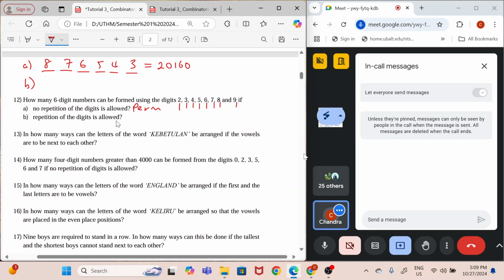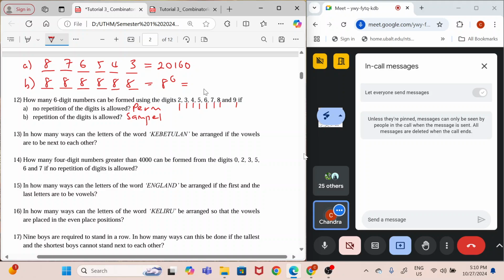Repetition is allowed. That is sample actually, the first counting principle. Sample is repetition is allowed. 1, 2, 3, 4, 5, 6. When repetition is allowed, you can write all 8. And this is 8 to the power of 6.